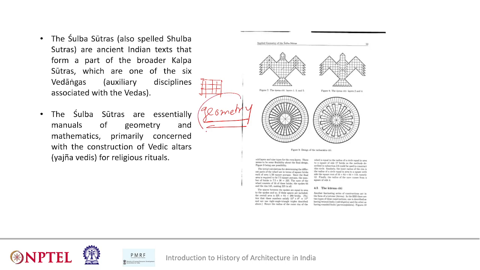Now how the geometry will be, those were mentioned in the Shulba Sutras, and the Shulba Sutras were treated as the manuals of geometry and mathematics. Later on, the Shulba Sutras were definitely used by the Vedic altars for any kind of religious rituals, but also the Shulba Sutras formed the basis of mathematics in our country.